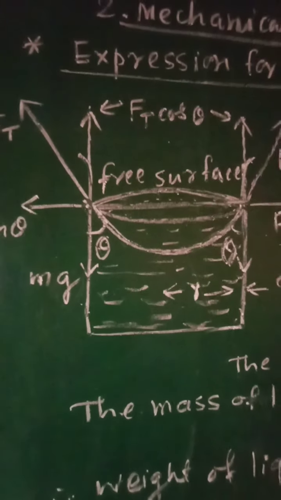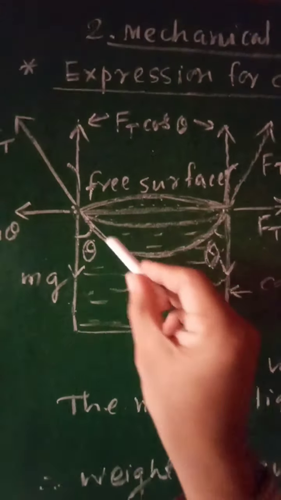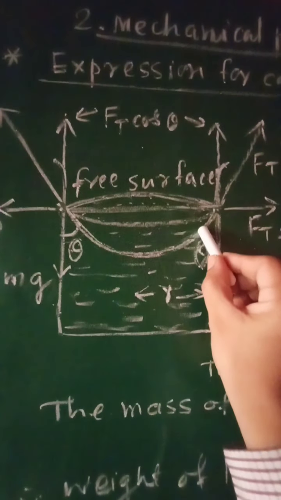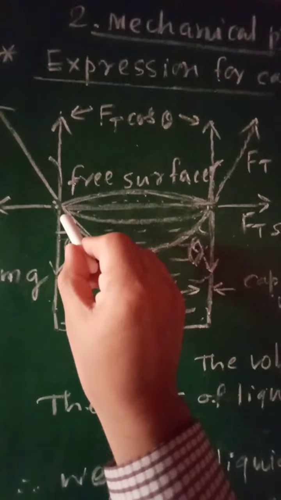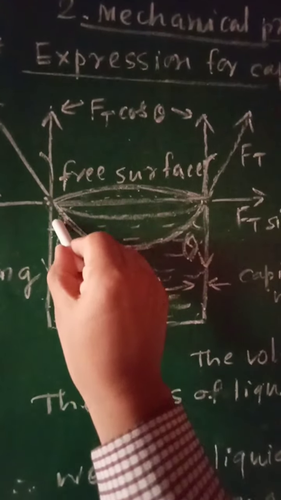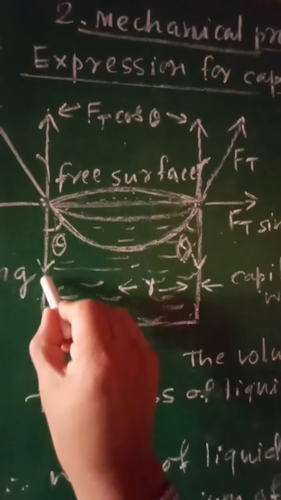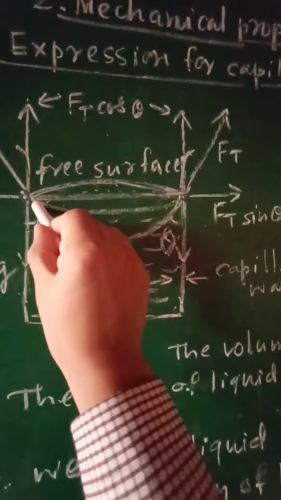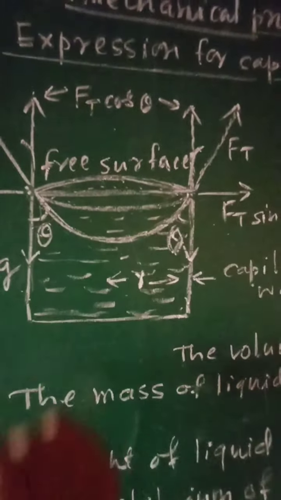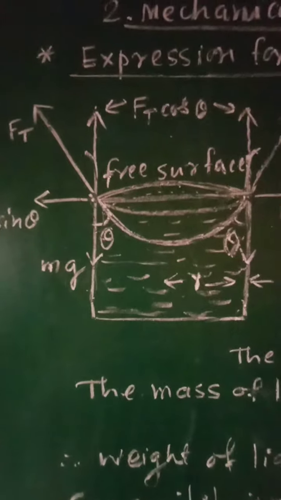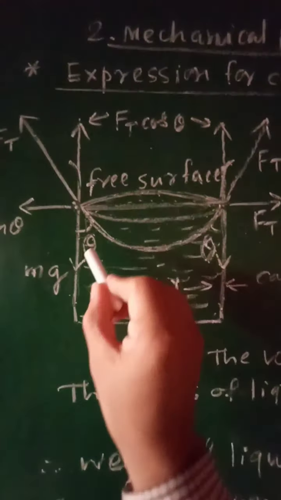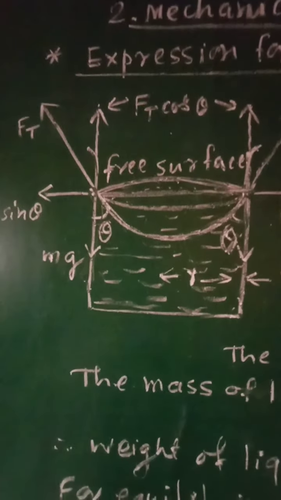Now this force, as it is tangentially acting, therefore this is the angle of contact, that is the angle between the surface of the capillary, that is solid surface, and the tangent drawn to the liquid surface at the point of contact. And therefore this force Ft will be now resolved into two perpendicular components.